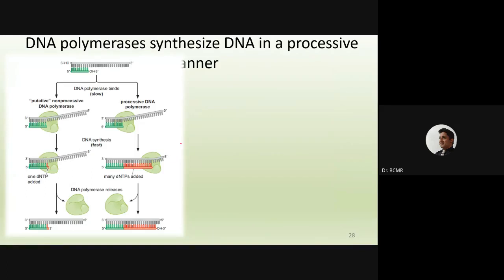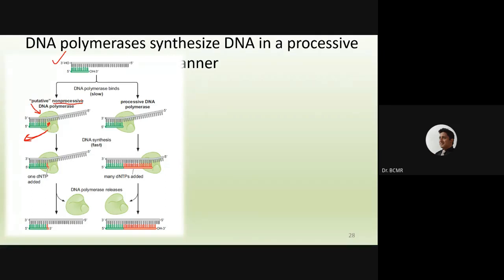Processivity is something like this. You have a substrate as shown here, and you have a polymerizing enzyme here. The point of it is how many bases an enzyme adds before it dissociates from the primer template junction. If an enzyme is able to add only 3 and it dissociates, then you call it non-processive, or its processivity is very low.